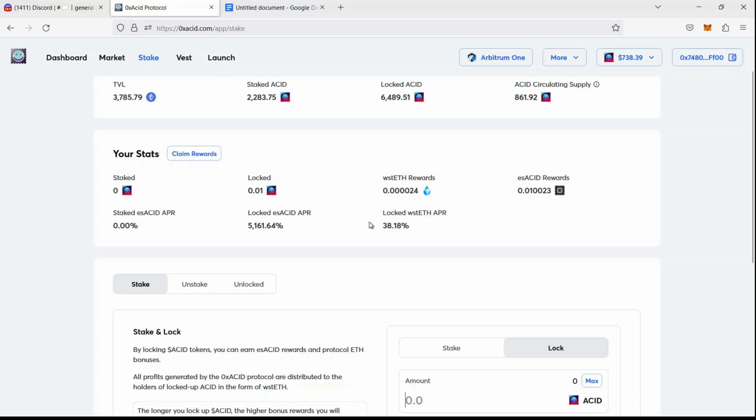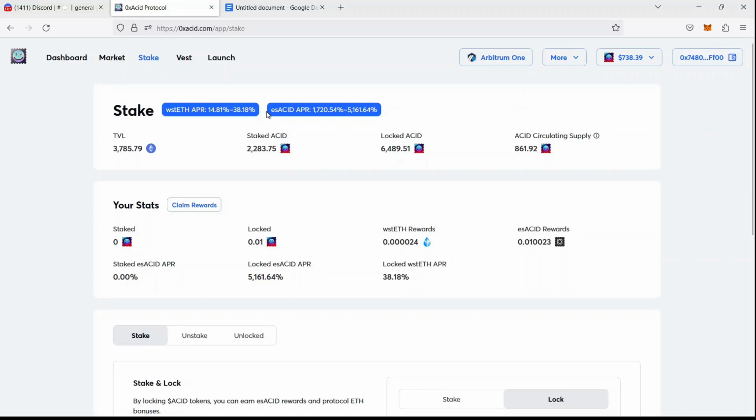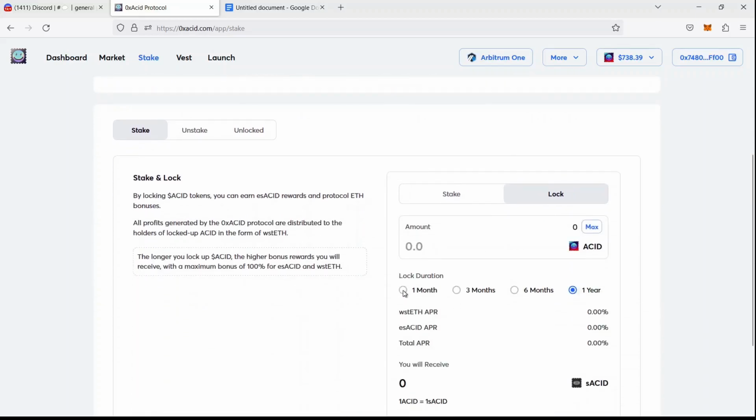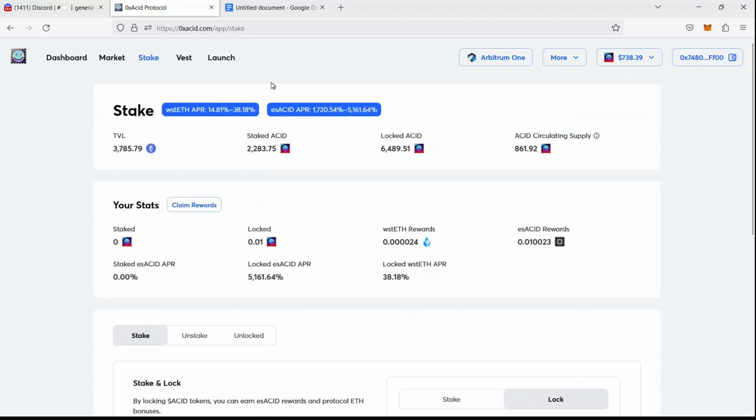What I mean by that is that if I just stake acid token, I will get the minimum APR that is being offered. So, when I lock, if I lock for the minimum duration, on top of what I would get in ES asset reward, I will get the minimum APR that is being offered by the protocol.